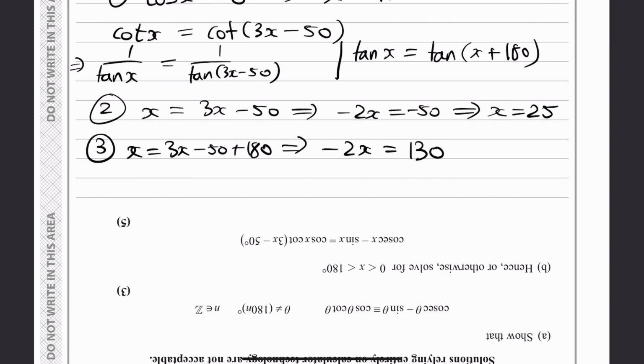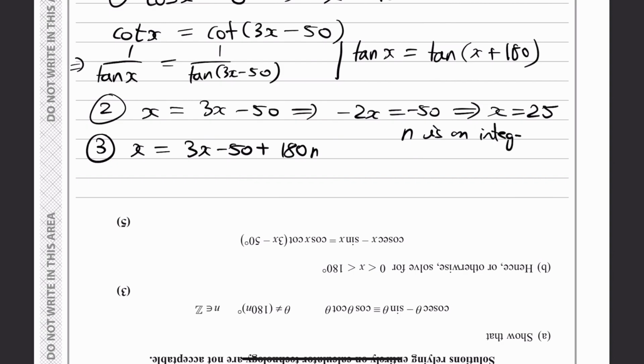Actually, I'm going to solve it for the general case so that we can get as many solutions as we need. So x is equal to 3x minus 50 plus 180n, and n is an integer. So if we solve it for this general case, we get minus 2x is equal to minus 50 plus 180n.